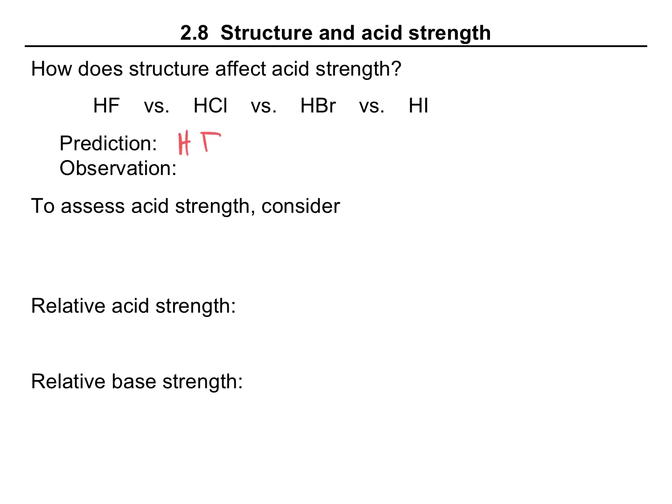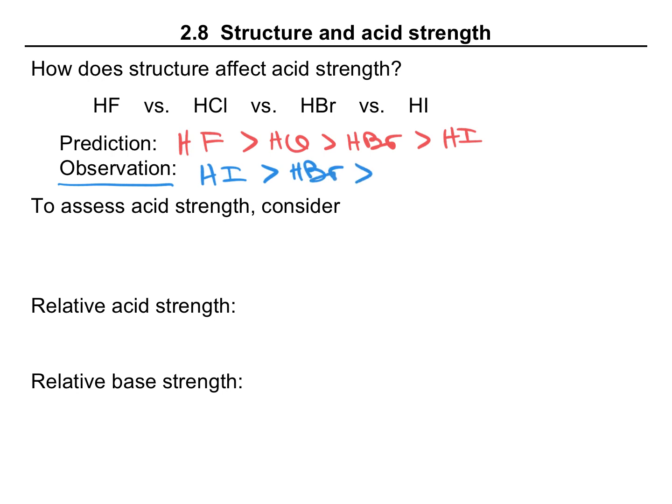So I think HF is going to be the strongest, followed by HCl, followed by HBr, followed by HI, because fluorine is the most electronegative, followed by chlorine, followed by bromine, followed by iodine. But what's observed is the exact opposite. HI is the strongest acid, followed by HBr, followed by HCl, followed by HF.